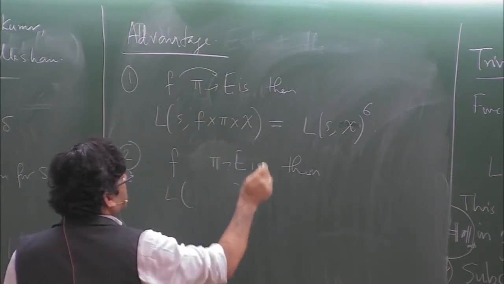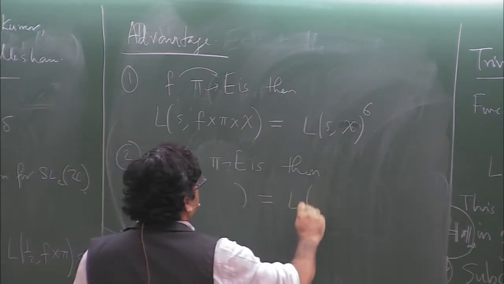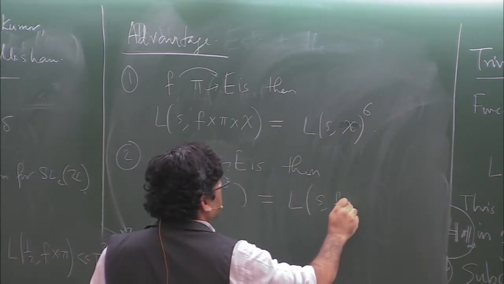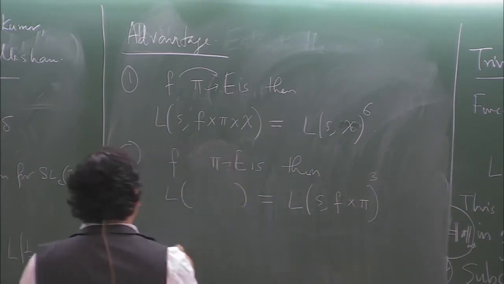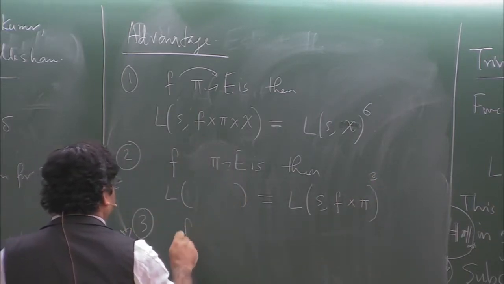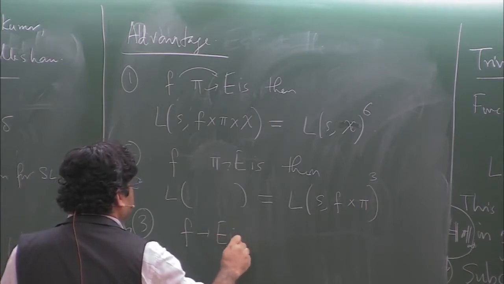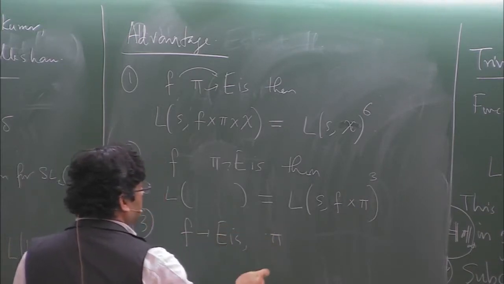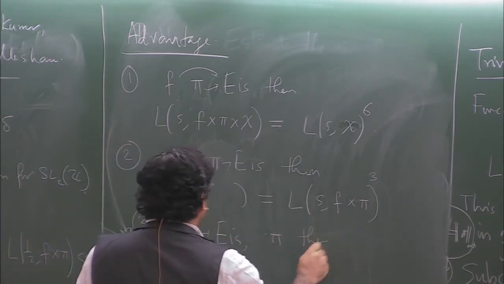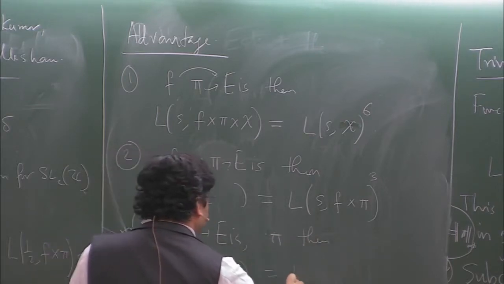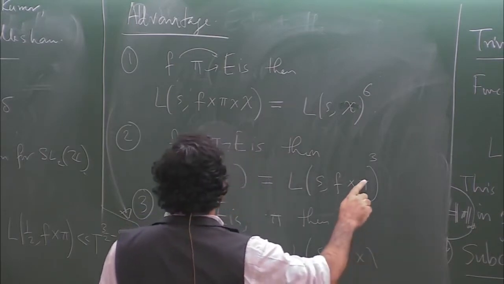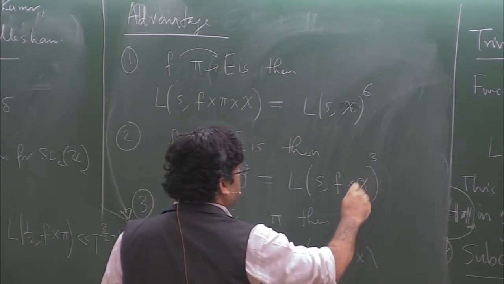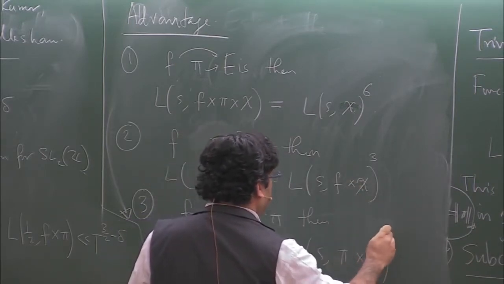Then this is L(s, F cross chi) cubed, or you can pick F to be Eisenstein and pi to be a cusp form. Then this is going to be L(s, pi cross chi) to the power 2.